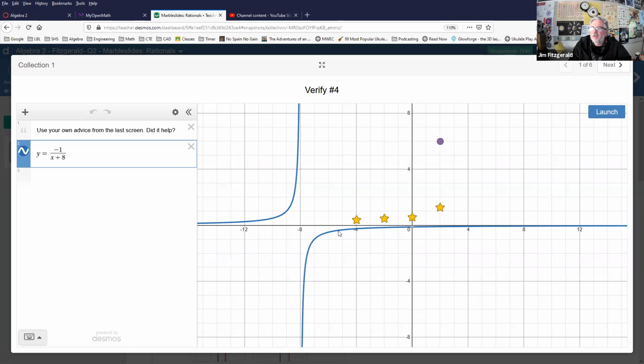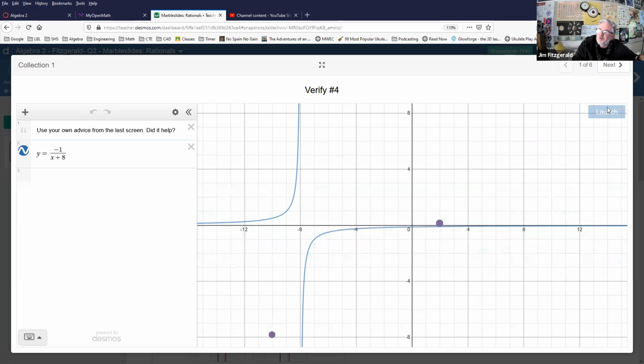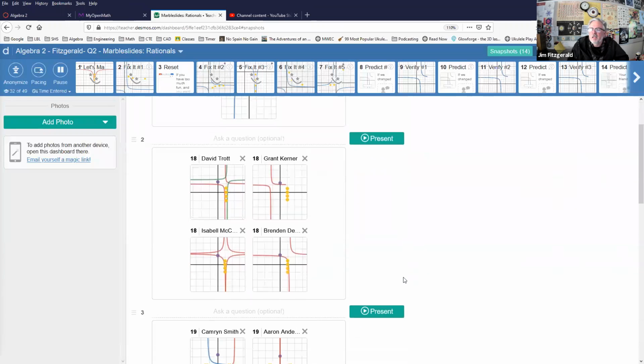But here somebody moved it the other way, and it still works. So there's always more than one way to solve a problem, and this worked. Okay, so kind of cool, different approach to things there.